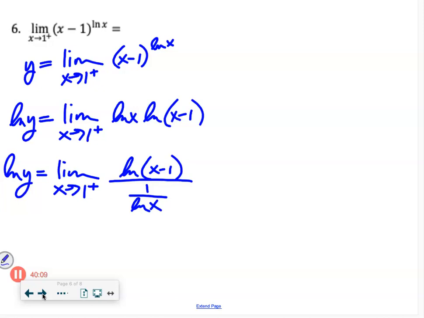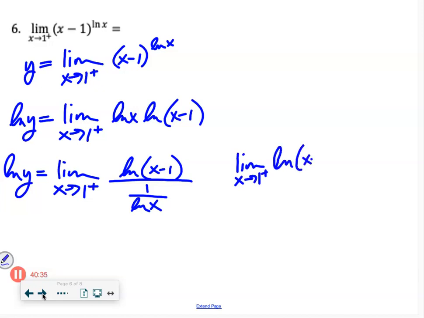This guy approaches negative infinity. This guy, as x approaches 1 from the right, the natural log of 1 from the right is positive. So this is going to positive infinity. So technically, you needed 2 separate limit justifications.